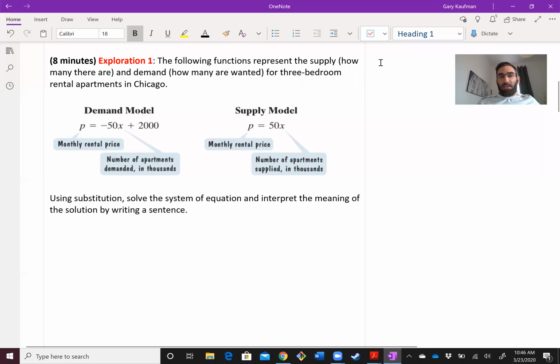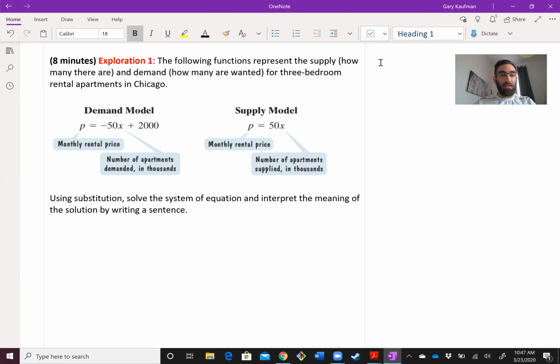So here's our first exploration, and I want you to take about 8 minutes on this. Now, the following two equations represent the supply, this is economics, how many there are, versus the demand, how many are wanted for 3-bedroom rental apartments in Chicago.